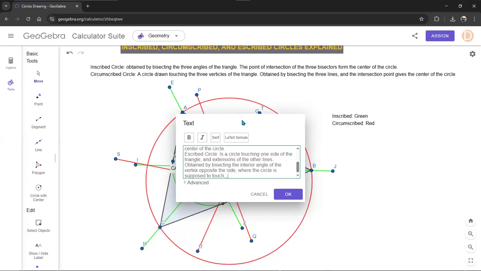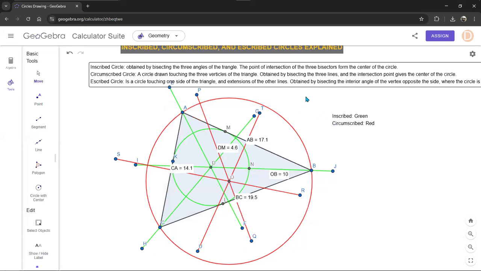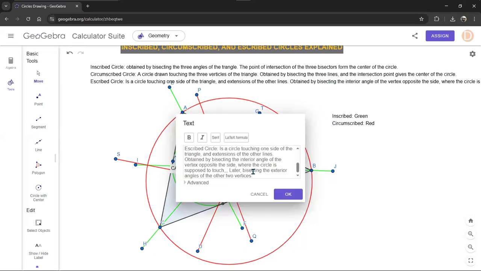So that is one point. We may use three commas. And then later bisecting the exterior angles of the other two vertices. So basically what I'm trying to say here, this did not go as I wanted.